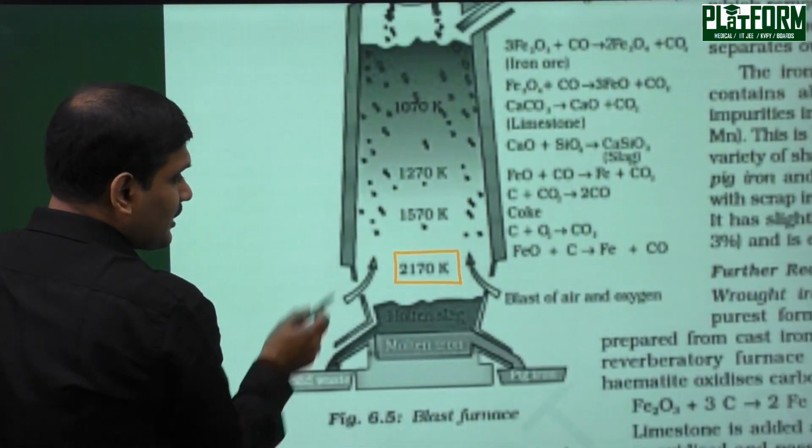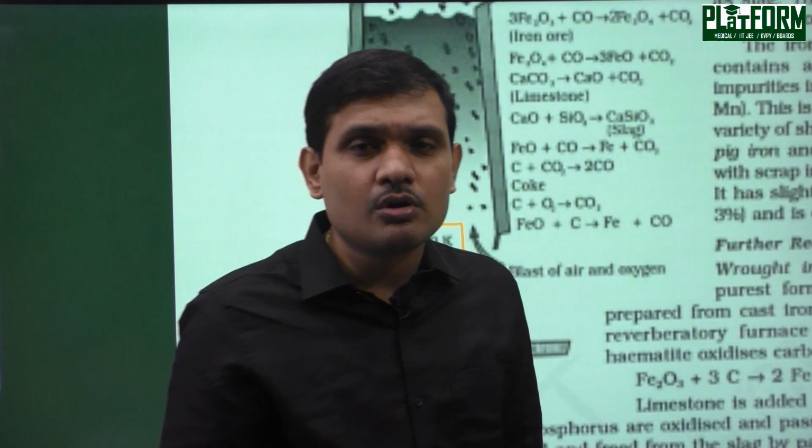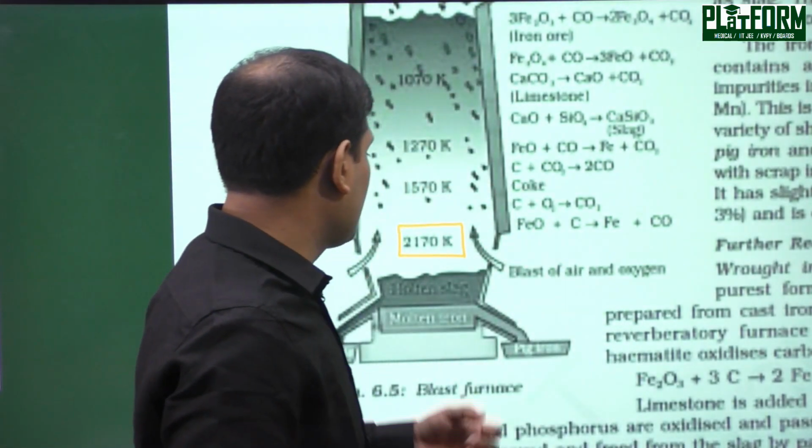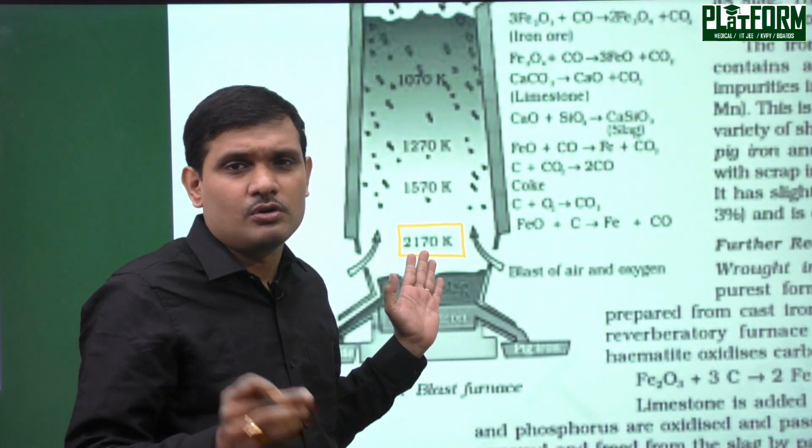So the maximum temperature that we can reach, according to the book it is given 2170, but the question is up to 2200 Kelvin. So definitely it should be the correct option, up to 2200 Kelvin.